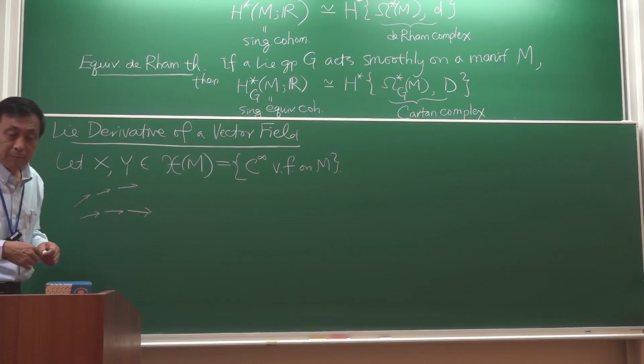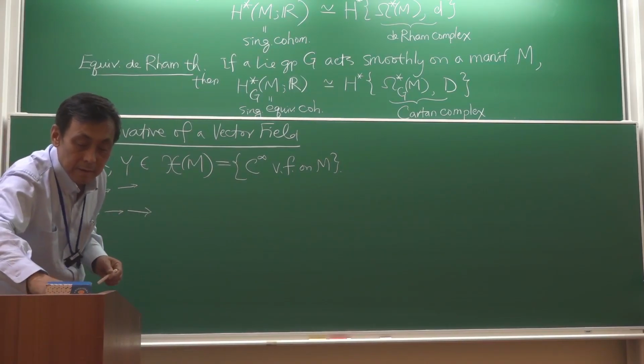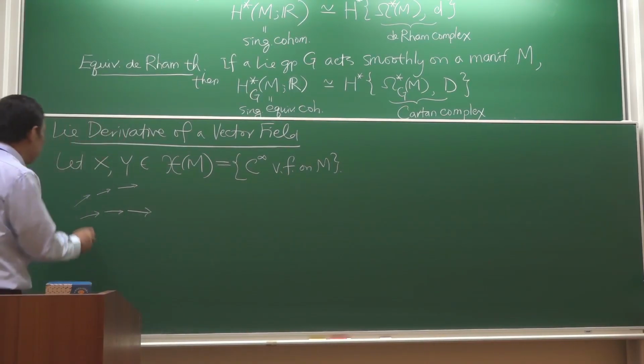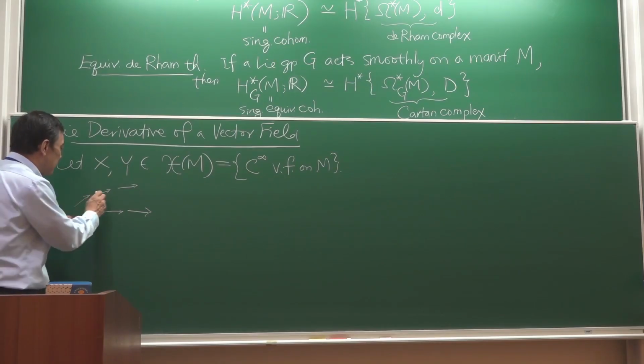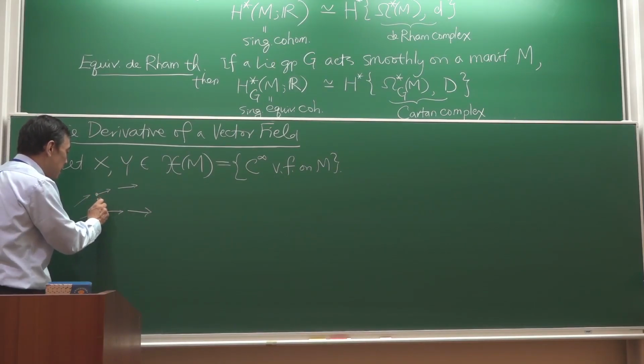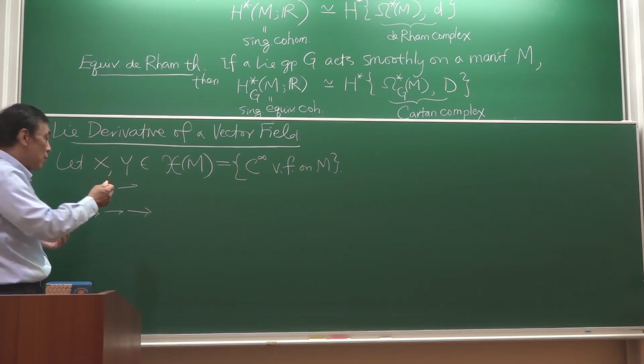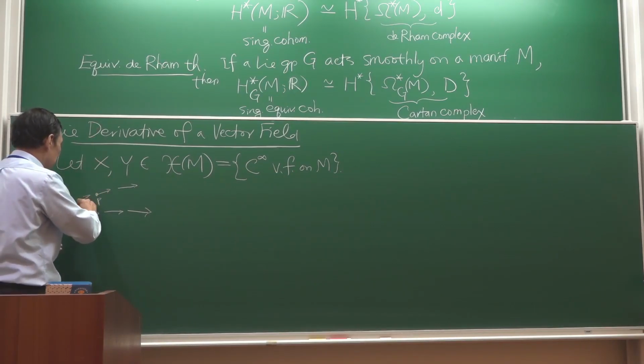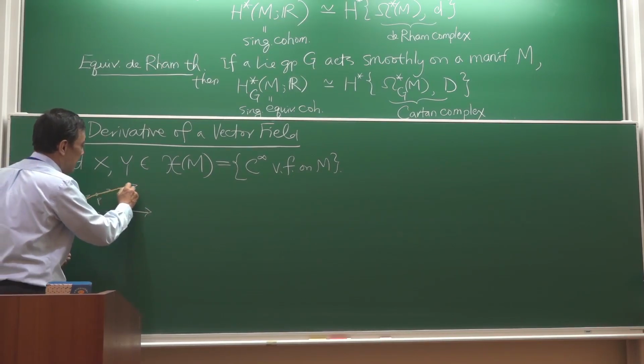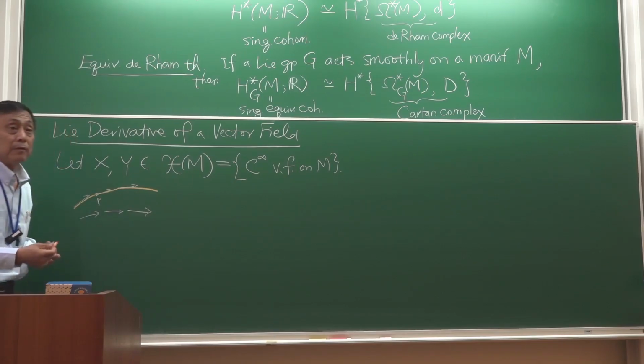And if you have a vector field, then through each point, you have a short piece of a curve called the integral curve. So through P, you have a curve called the integral curve.